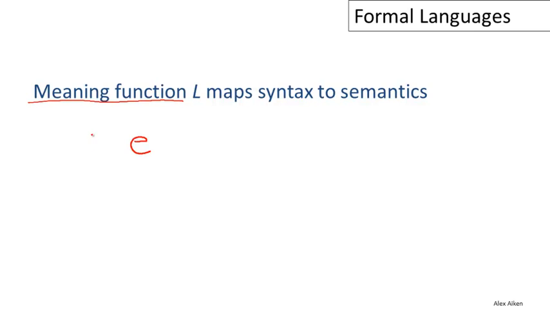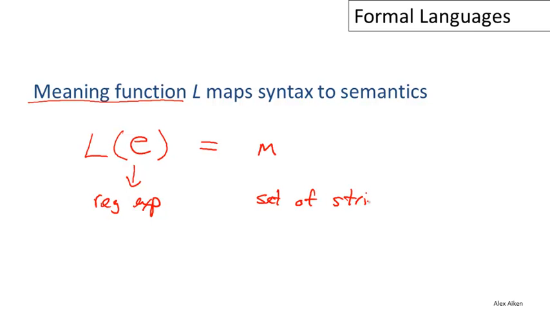And so we have a function L that maps the strings in the language to their meanings. For example, in the case of regular expressions, this would be a regular expression, and that would be mapped to a set of strings, the regular language that the regular expression denotes. We saw an example where we wrote out the meaning function for regular expressions last time.